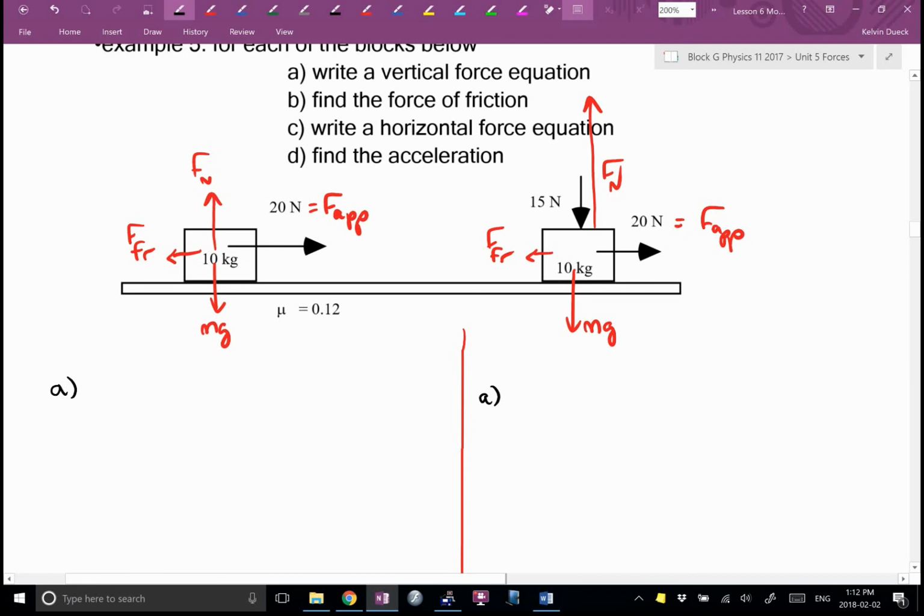Maggie, what does A want me to do in the first one? Well, in both of them, right? The one on the left, are we sinking to the ground like quicksand? Are we flying like Superman? So everything down equals everything up? Can you write me an equation that says that? What about this one, Maggie? Everything down equals everything up? Everything down, mg. What else is down?